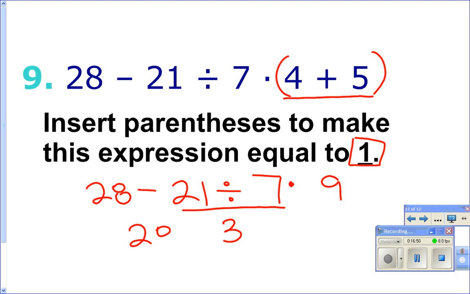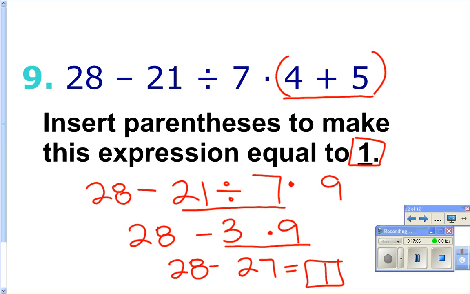And we're going to bring everything down. Okay, now we have multiplication. 3 times 9 is 27. Bring everything down. 28 minus 27 is equal to 1. So when you place the parentheses around the 4 plus 5, your answer will be 1.